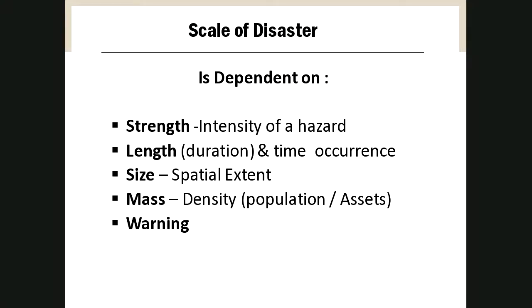When we talk about a disaster, it is when the hazard becomes very big, or the intensity of the hazard becomes very big. We call it the strength. Like a typhoon, you'll rate the strength of a typhoon by category 1, 2, 3, 4, 5. The length will be the time that it occurs.